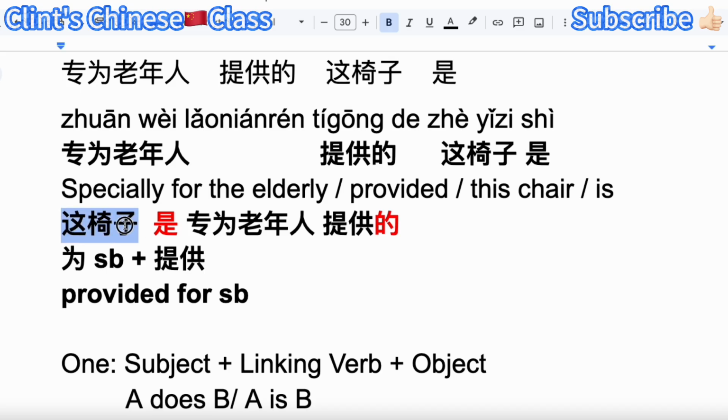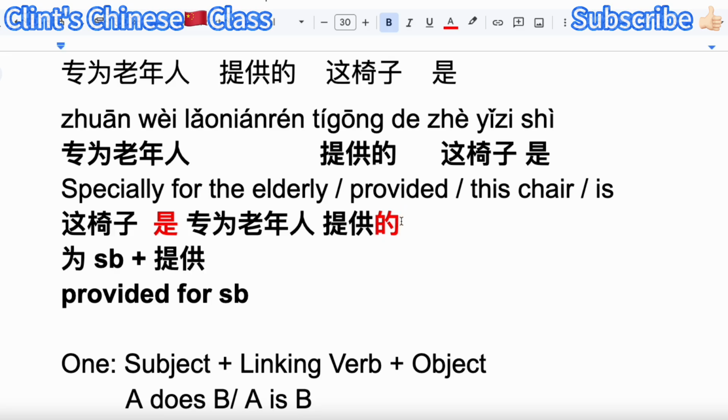And then this chair and to be is, or you can understand it this way. This chair equals, this is a long phrase, right? Long adjective phrase.